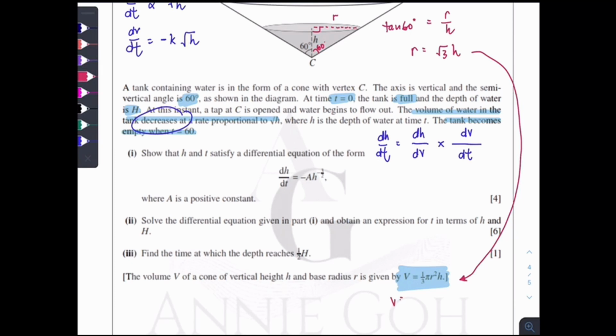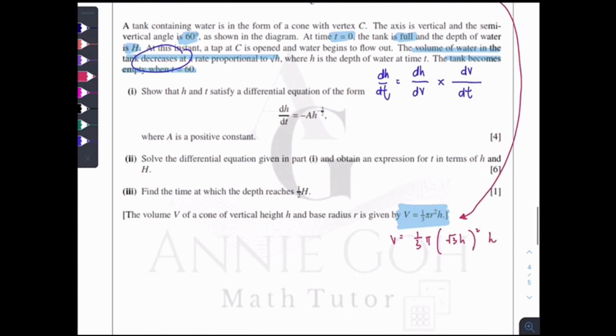Tangent 60 is equal to square root 3, times the h. That's our r. So now what to do is substitute this r into here. Then our V becomes 1/3 pi, the r is square root 3h squared, times the h. Simplifying, it becomes 1/3 pi, 3h squared times the h, and hence V is equal to pi h cubed.